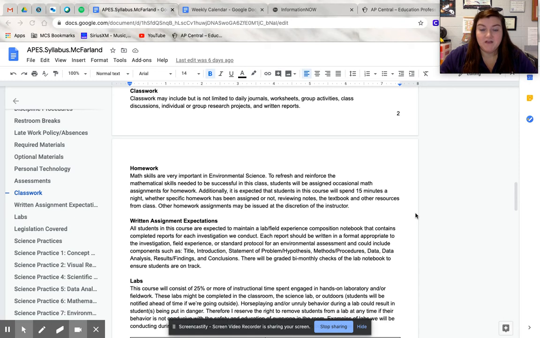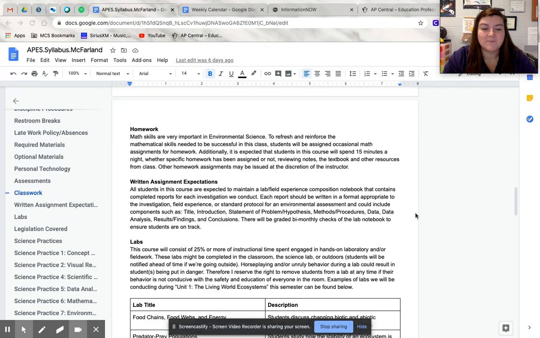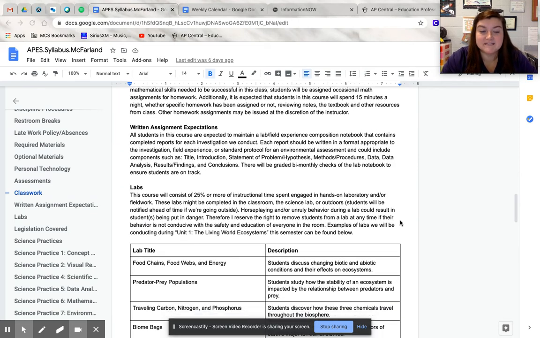We are going to do a lab/field experience notebook. Again, it's virtual, so I don't know what that's going to entail at the moment, but I know what that'll look like when you get back. So we'll just put a pin in that one for now. We will be doing labs in here.